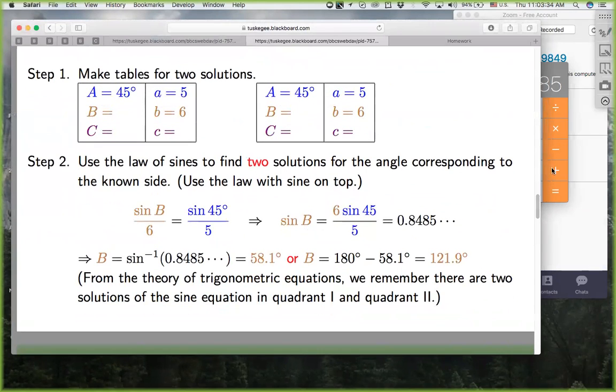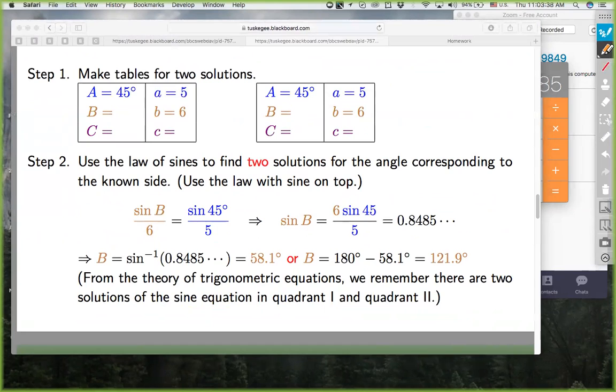And the first thing is to figure out the second angle, all right? So we'll try to find the angle B because we know the side b. So we'll use this complete pair of A's and use this pair with the pair of B's to set up equations like this.